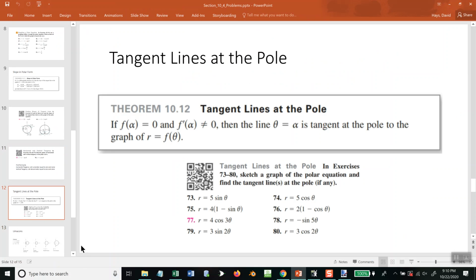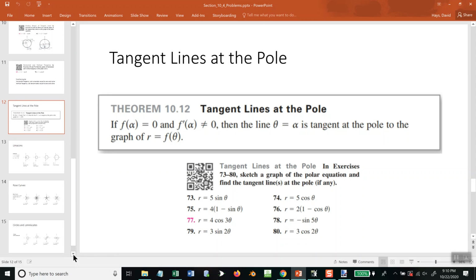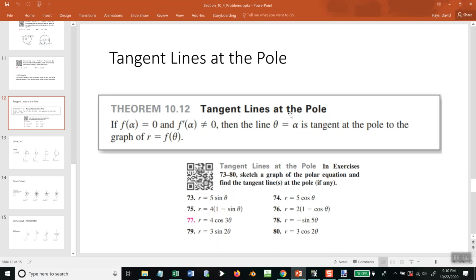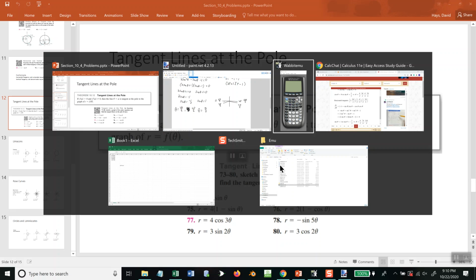Let's see. Now this says tangent lines at the pole. If f of alpha is equal to 0 and f prime of alpha is not equal to 0, then the line theta is equal to alpha is tangent at the pole to the graph of r is equal to f of theta. This involves solving.